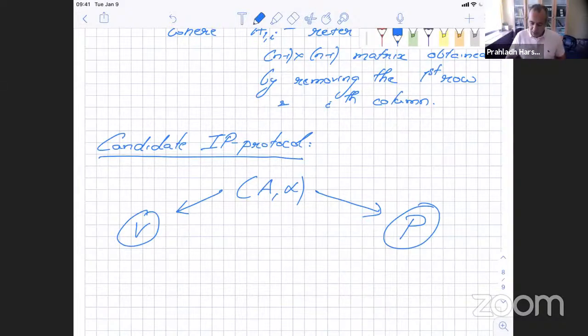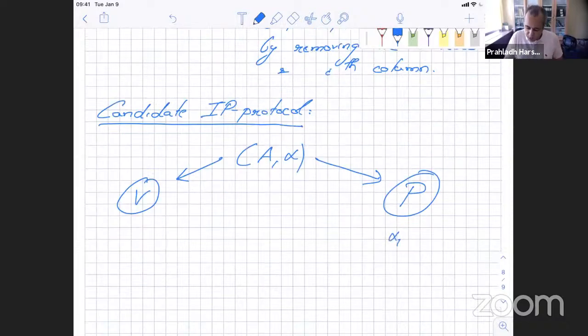So what does the verifier want to do? The prover begins. The prover computes numbers alpha 1 to alpha n, each such that alpha i is the permanent of A1i.